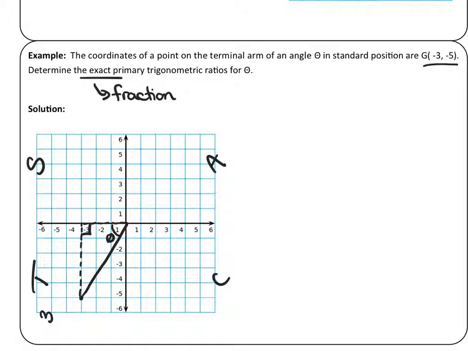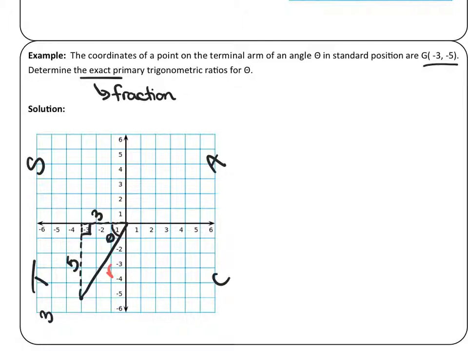But it's not asking for us to actually find the angle. It's just asking for the trigonometric ratios. So we're just not going to worry about what the angle is. However, since we've plotted it, we know that this is 3 long because that was our x. It just went in the negative direction. And this one is 5 long. Now, the one thing we have to find out is what is r.